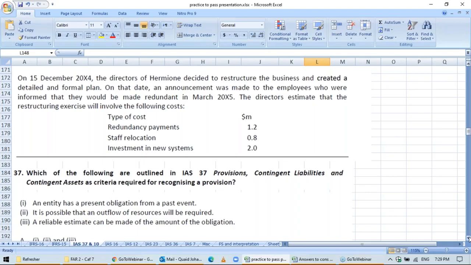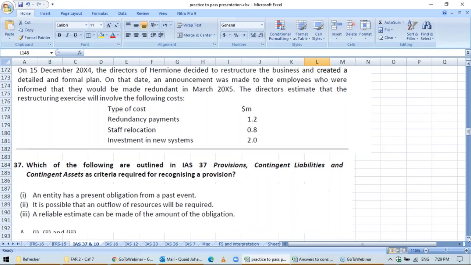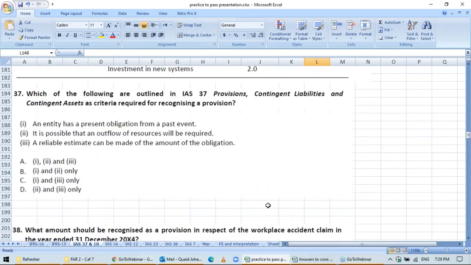So there are three requirements. What are the three requirements in it? One of them is that a present obligation exists. Like I explained a few minutes ago, how does the present obligation exist, due to the binding activity plus the contract or plus the law.